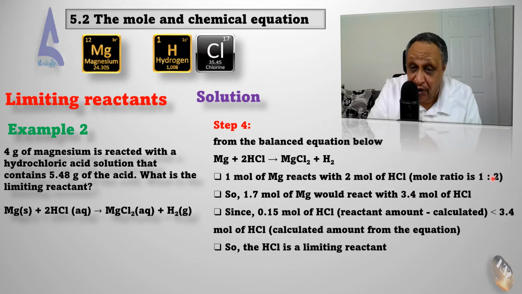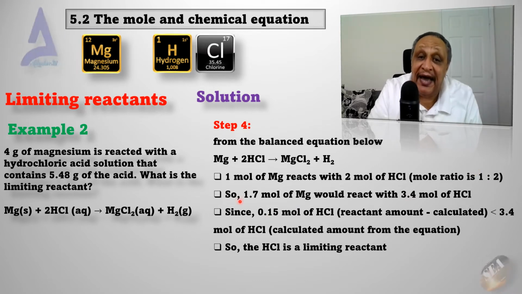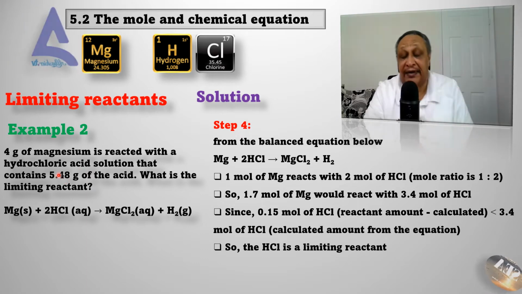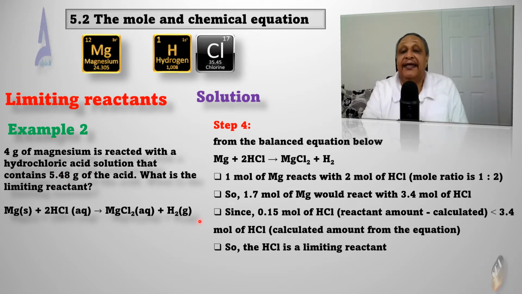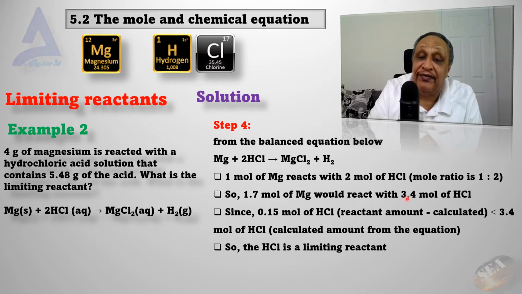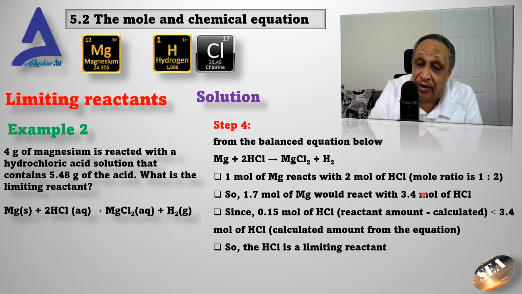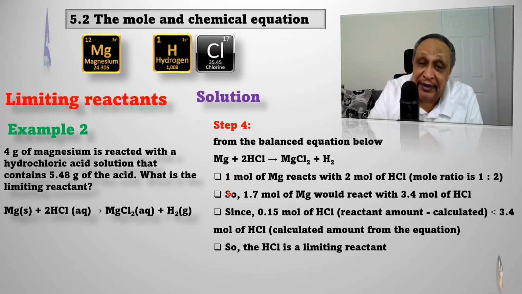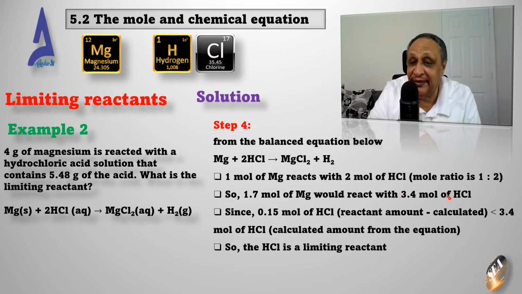So based on what we have in our calculation in the first scene, that means we must have 3.4 mole of hydrogen chloride. In order to react completely with this, we need 3.4 moles of HCl.